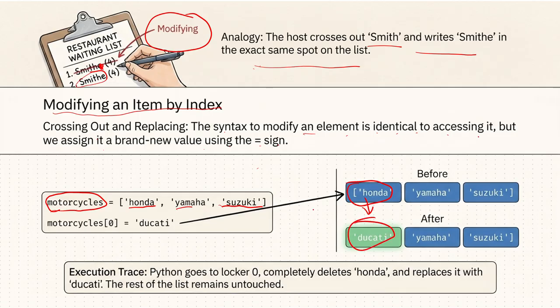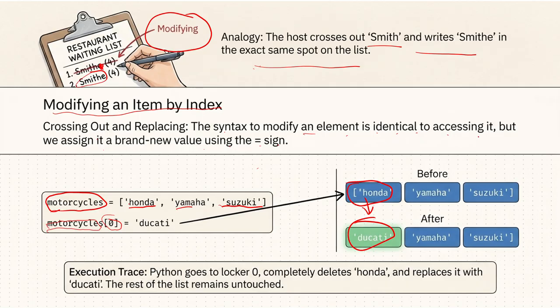You simply want to change the value of this. So you will type the name of your list, which is motorcycles, and within square brackets you will type the index of the item which you want to modify. Here I want to modify Honda.